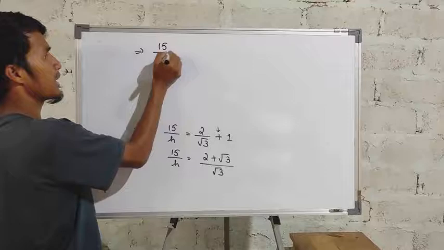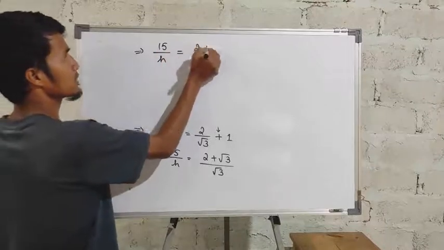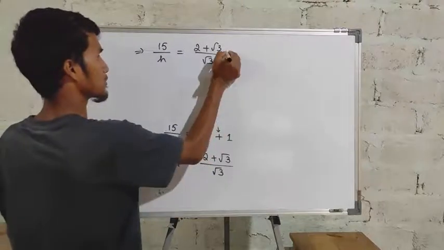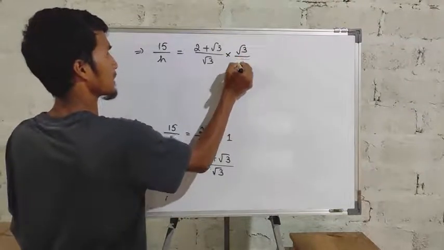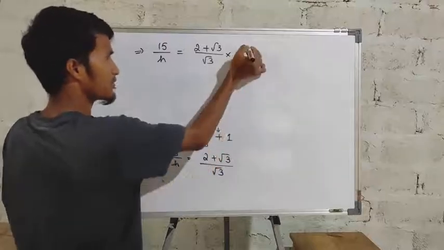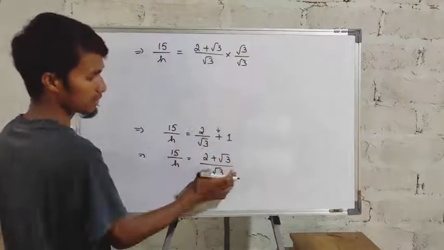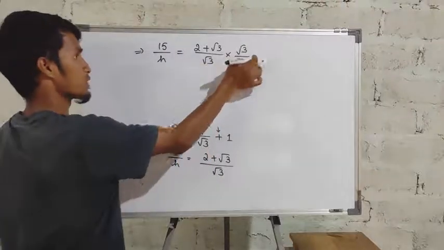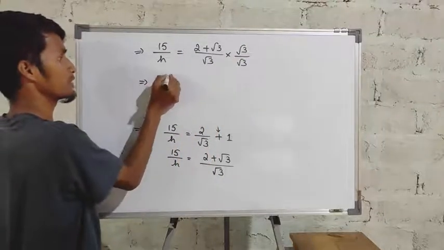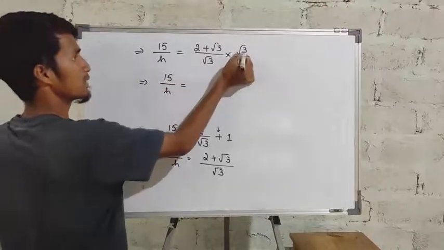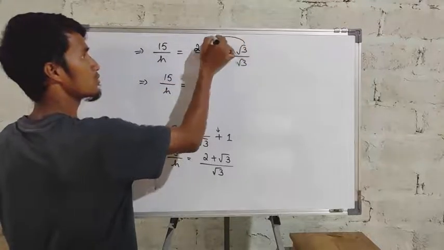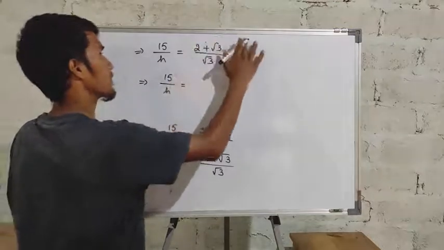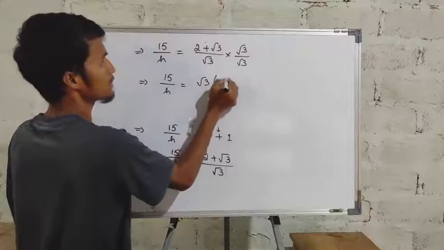Okay, 15 by h is equal to 2 plus root 3 by root 3. I'll multiply by root 3 over root 3. If we cancel this root 3 and root 3, they remain the same. I just want to remove this root 3, that's why I multiply this. Then 15 by h, here root 3 into 2.